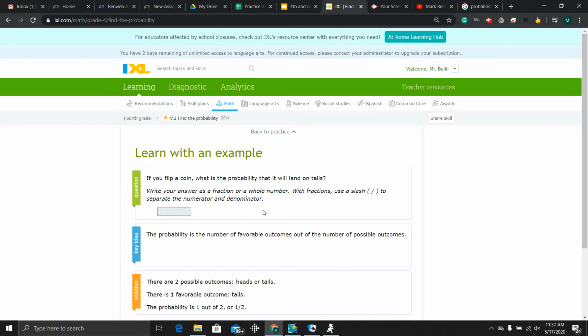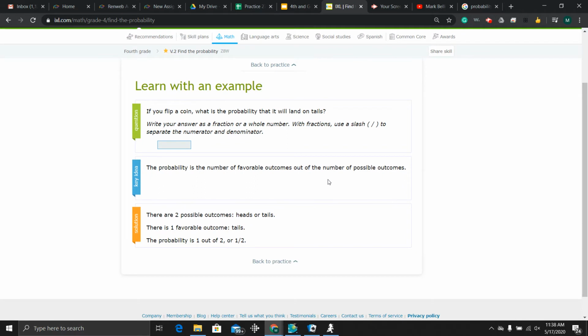One of them is what we call a favorable possibility. That's the one we're asking about, landing on tails. Tails would be favorable because that's what we're asking. So there's one tail, and there are two possibilities. The probability is the number of favorable outcomes out of the number of possible outcomes.